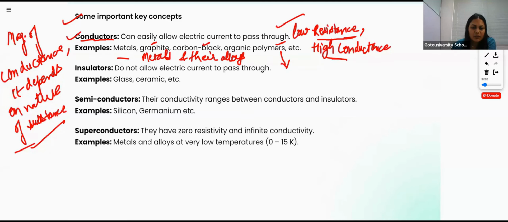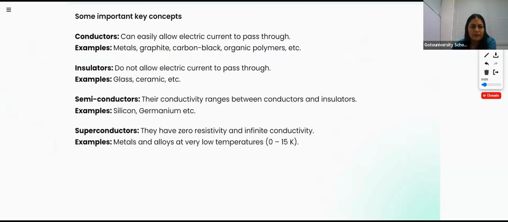By organic polymers, we mean, for example, polyaniline or polypropylene. So these are some examples of conductors, right?